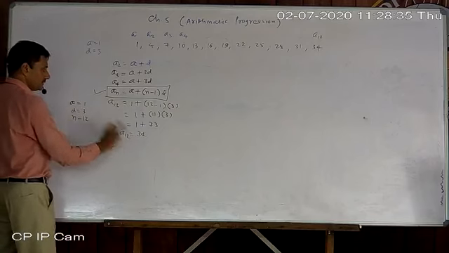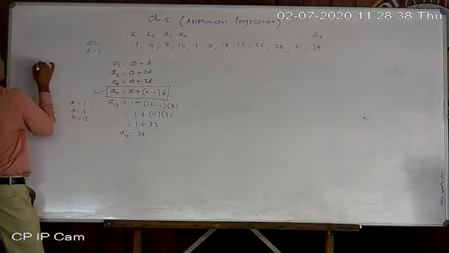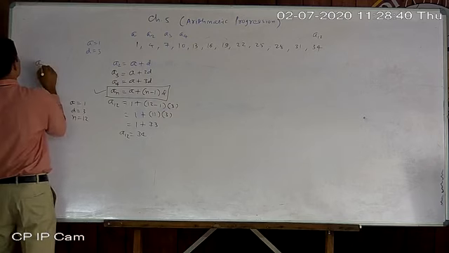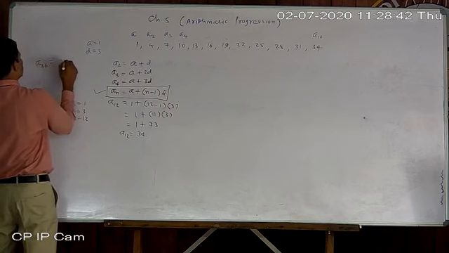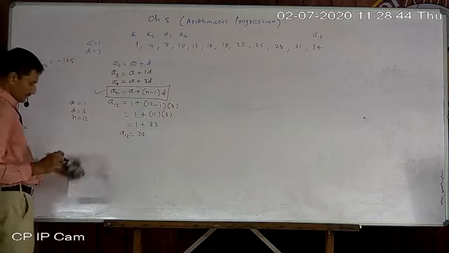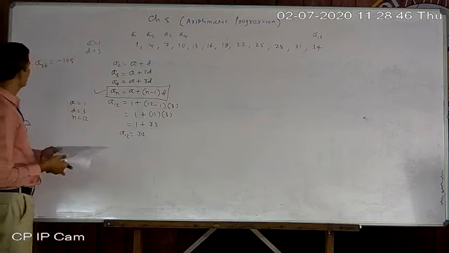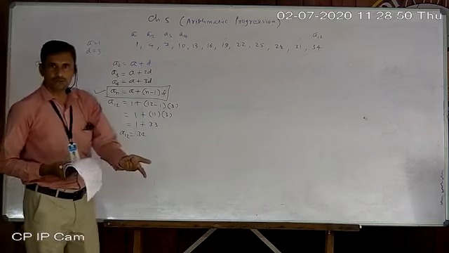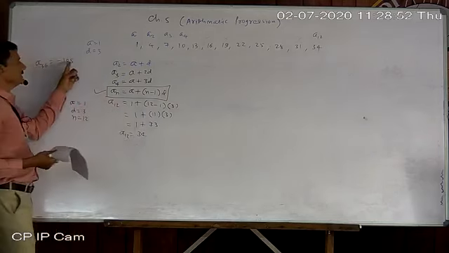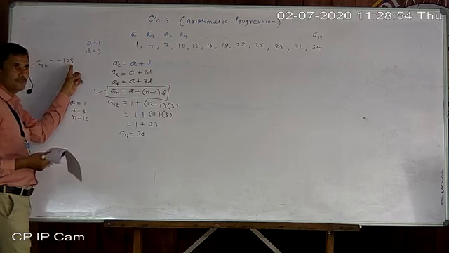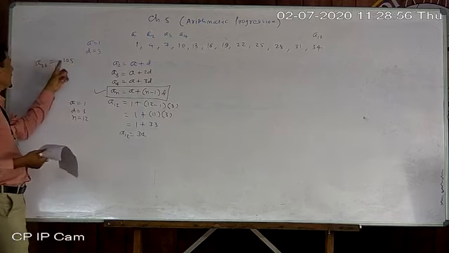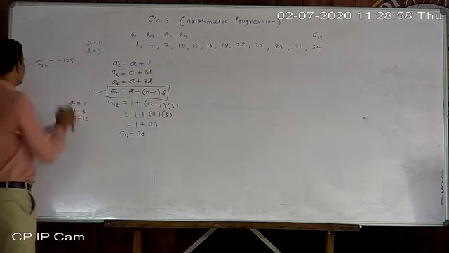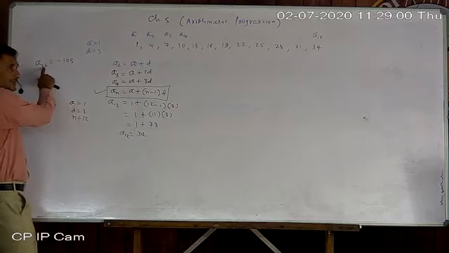So if anywhere you came across a36 equal to minus 105, at that time you can interpret this: the 36th term of some arithmetic progression is minus 105. The number n is given in the subscript.